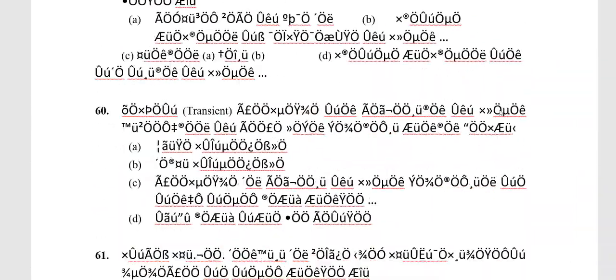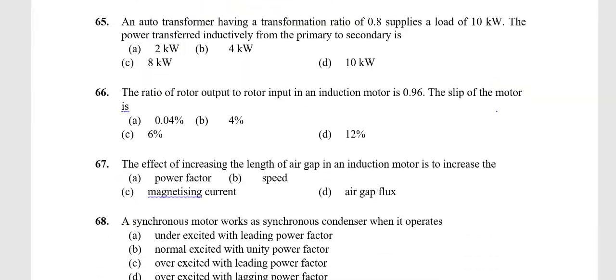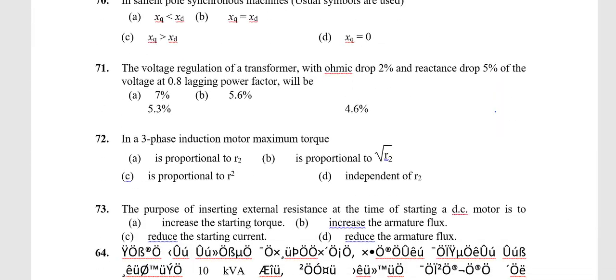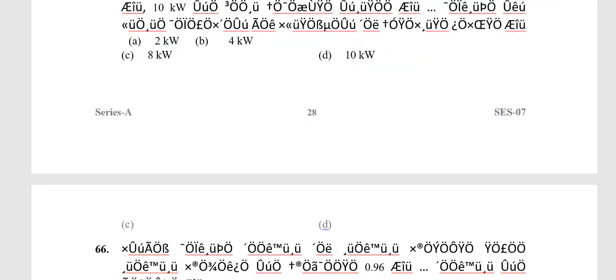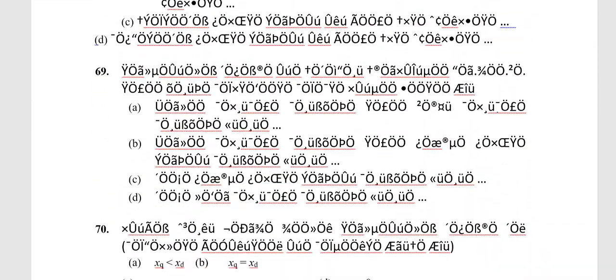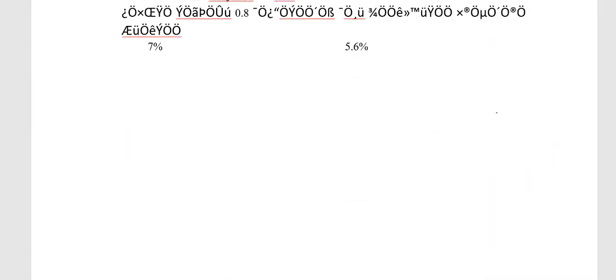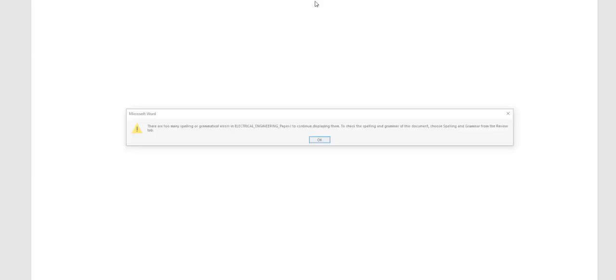So again, as I said earlier, normally every question paper consists of machines, power systems, electrical circuits, measurements. For all state PSC, machines, power systems, measurements are like compulsory subjects.